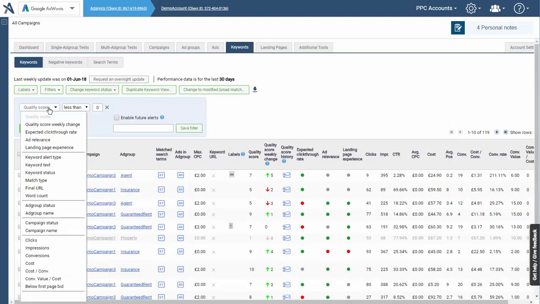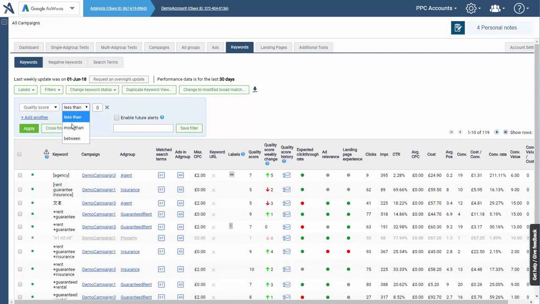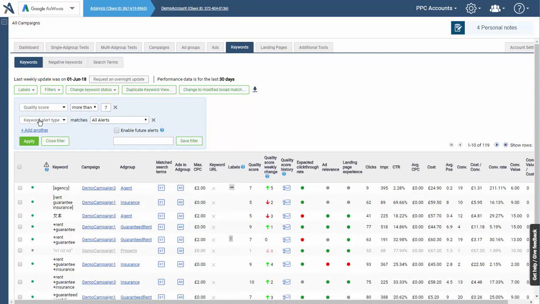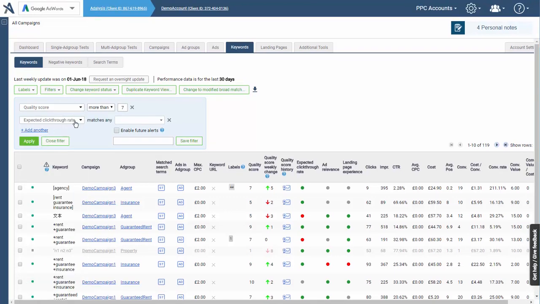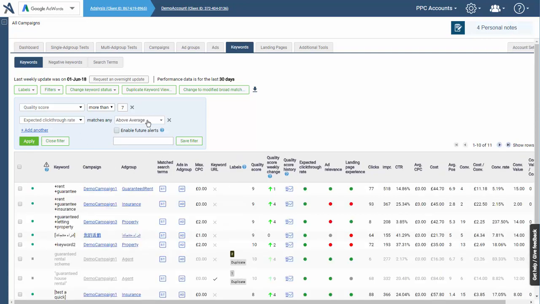So we could filter and say, okay, we need to learn where we're doing well from a CTR standpoint and examine that keyword and ad relationship. So we could filter to find just where we've got quality scores of 7 or higher and expected click-through rates above average, and then take a look at what that keyword and ad copy combination looks like to often do either organization or ad testing to improve the quality score.